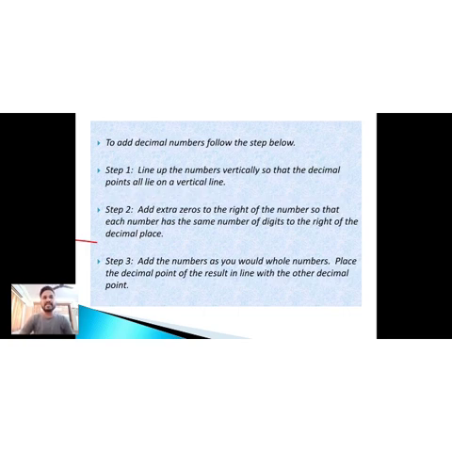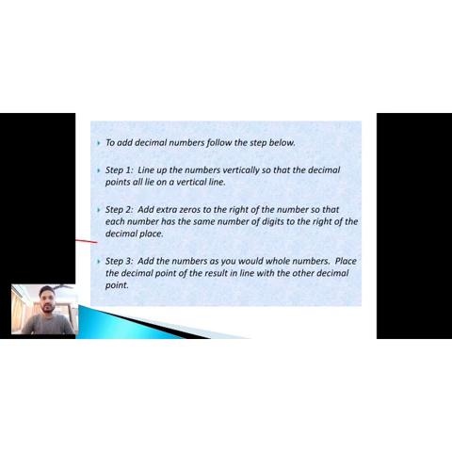Now to add decimal numbers, follow the steps below. By this method we usually add up the decimal numbers. Step 1, the most important step: line up the numbers vertically so that the decimal points all lie on the vertical line. Means see, point after point. Step 2.